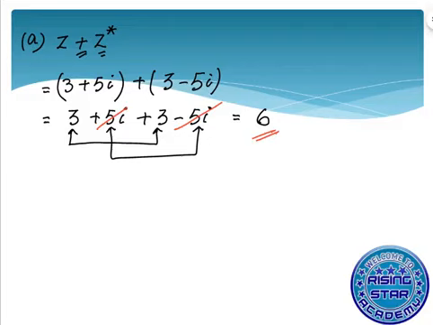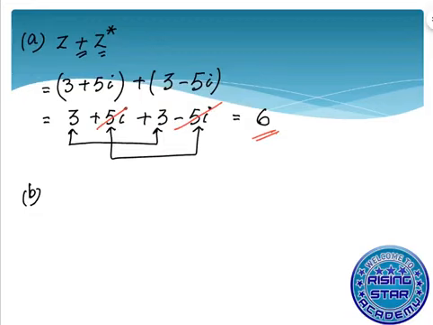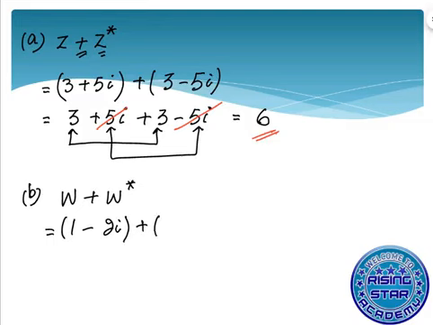In part B, we will find w plus w conjugate. The value of w is 1 minus 2i. So w plus w conjugate, the value is 1 minus 2i plus the conjugate value 1 plus 2i.